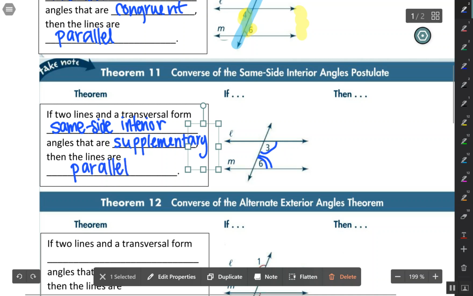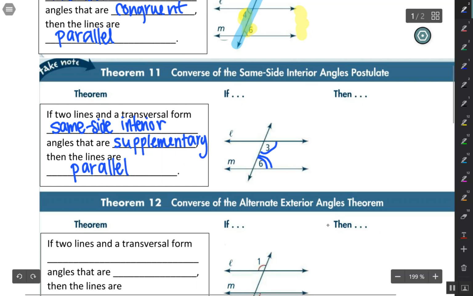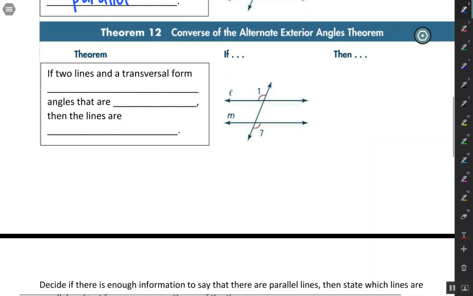So if the measure of angle 3 plus the measure of angle 6 is equal to 180 degrees, then line L is parallel to M. Oops, that's a weird looking M. Let's fix that. So for example, if angle 3 is 110 and angle 6 is 70, then that adds up to 180 degrees.